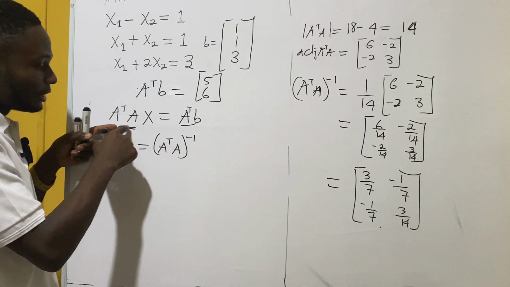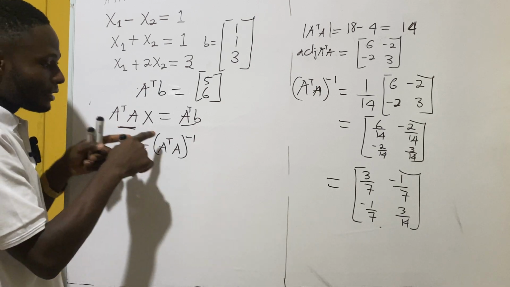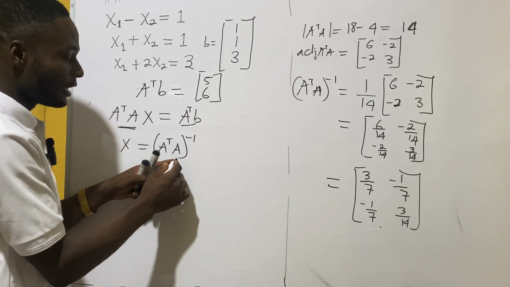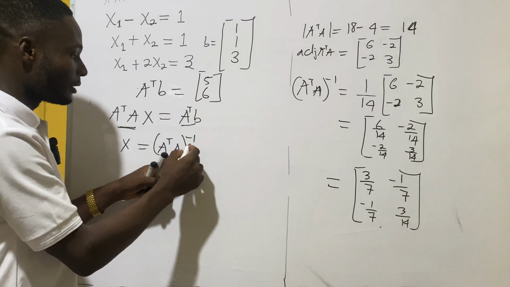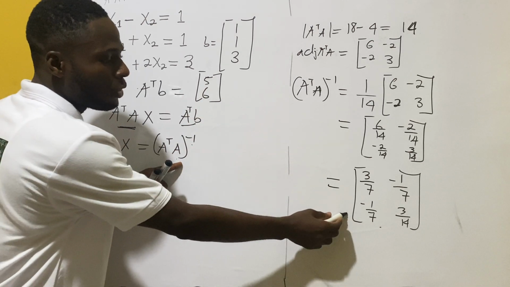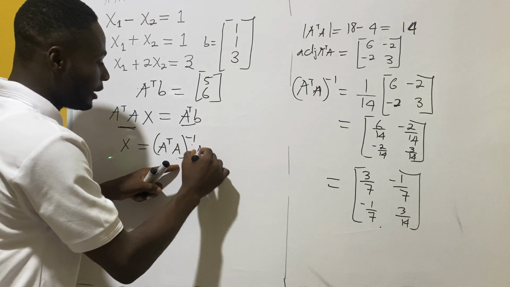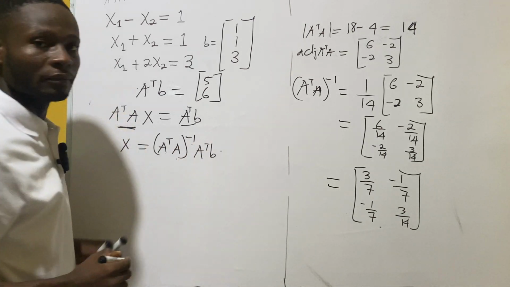If you want the X, you divide both sides by A transpose times A. So when you reciprocate, it becomes the inverse, and that is what we have obtained over here, times A transpose B, right?